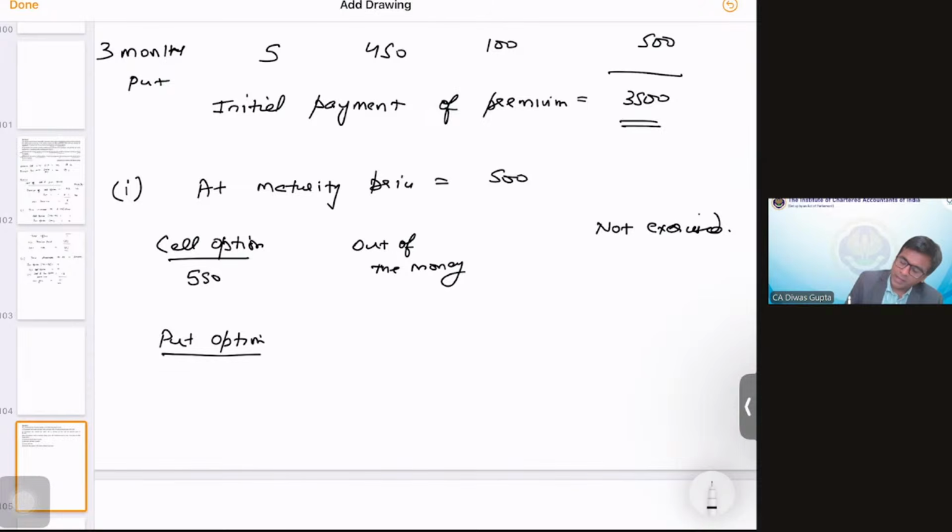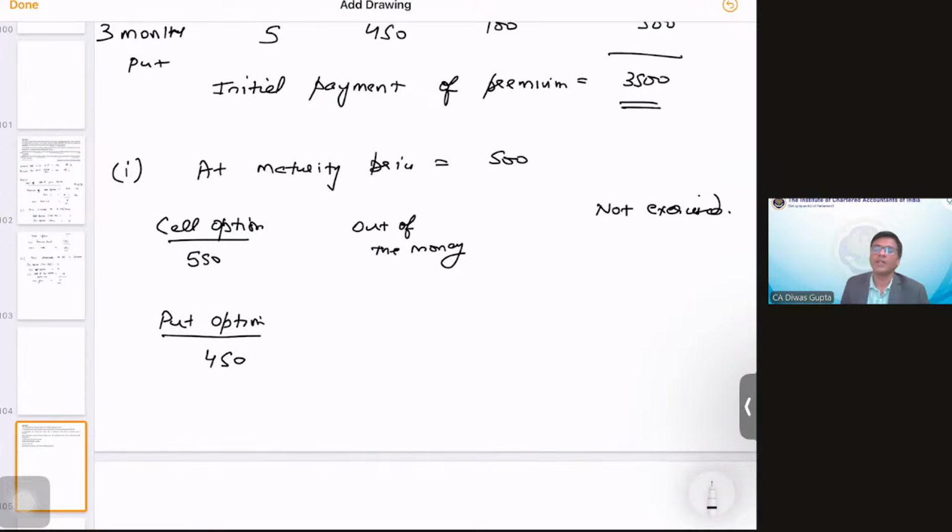Now the put option at the strike price of 450. The spot price is 500. Again tell me whether it is out of the money or in the money. Please think carefully and then answer. The spot price is higher than the strike price of a put option. Is it an indication of in the money or out of the money? Very good, Saminathan, your answer is correct. You will not sell.